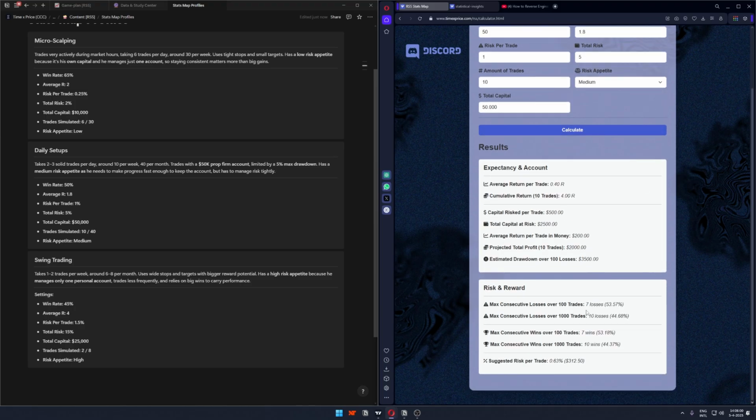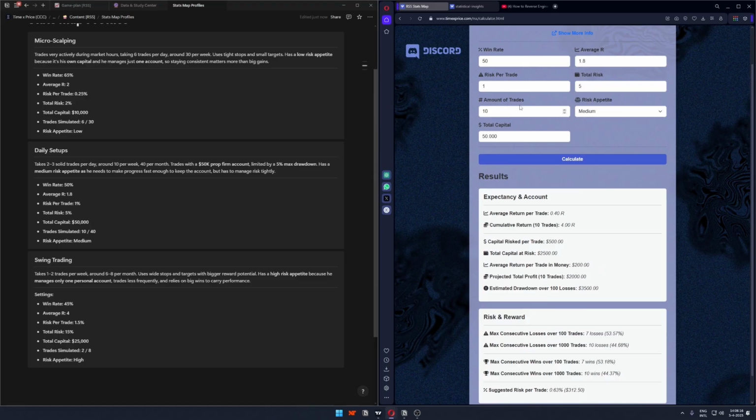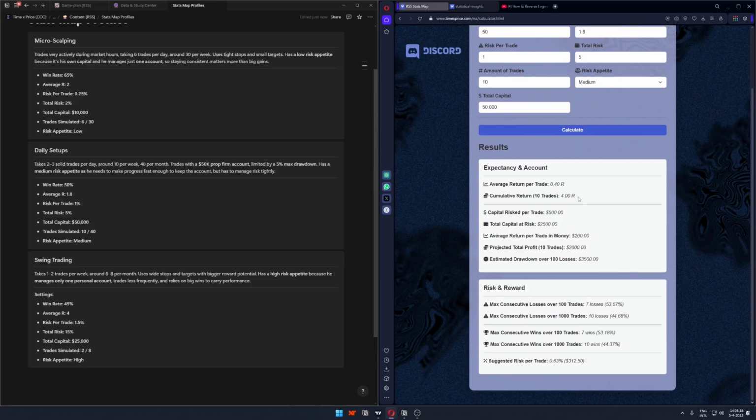We'll set the risk appetite to medium and we'll calculate. And what we'll see is that a 50% chance is that in the 100 trades, it will hit 7 losses. So that means that will destroy our account and our drawdown if we use these stats and the amount of risk, so 1% per trade. You can see that the cumulative returns are decent.